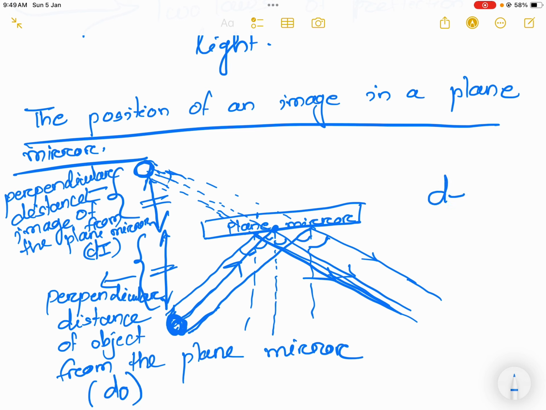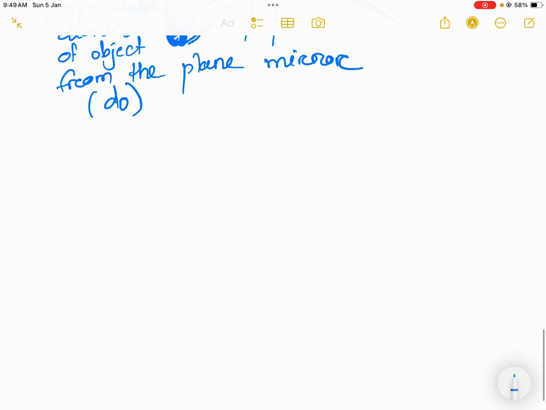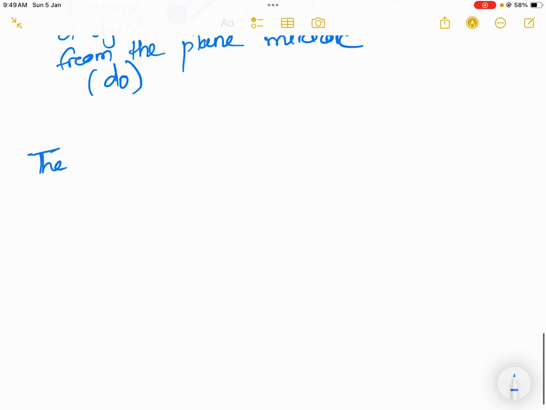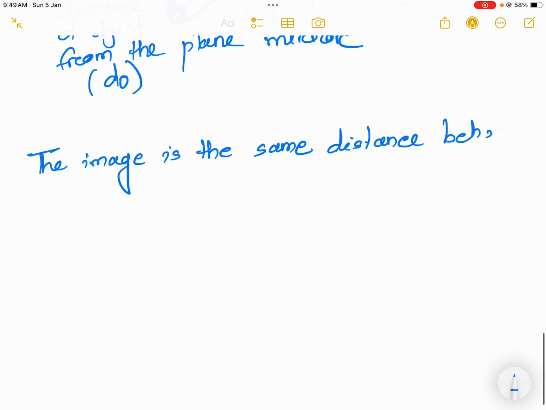You'll notice that di is equal to do. So we can say that the image is the same distance behind the mirror as the object is in front.